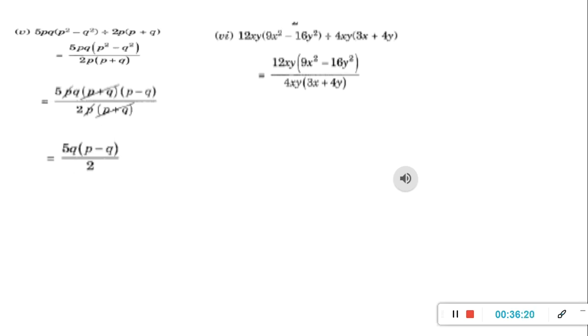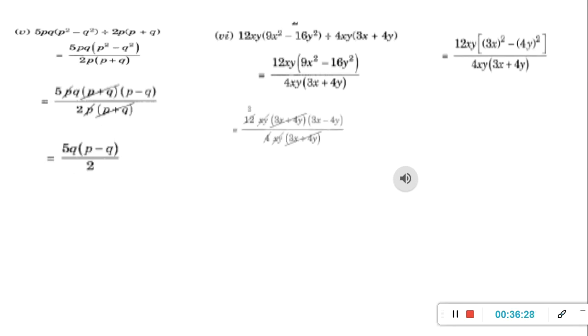What is a square here? 3x whole square. What is b square? 4y whole square. So 3x plus 4y into 3x minus 4y. And down also we are having 3x plus 4y, that we can cancel. Now 4xy and 12xy, that also cancelled by 3. Right? Now what is remaining there? 3 into 3x minus 4y. That is our answer. Clear?